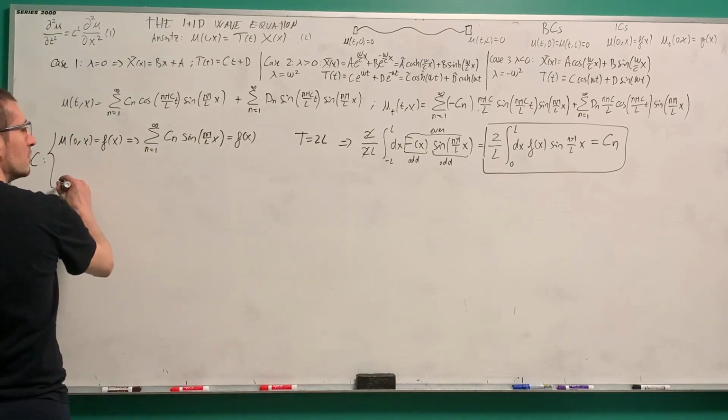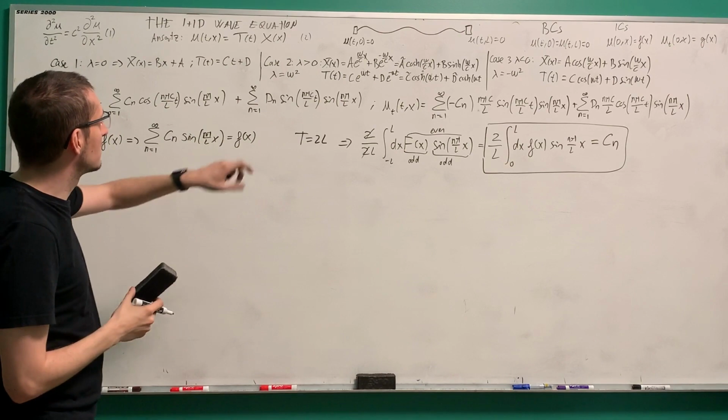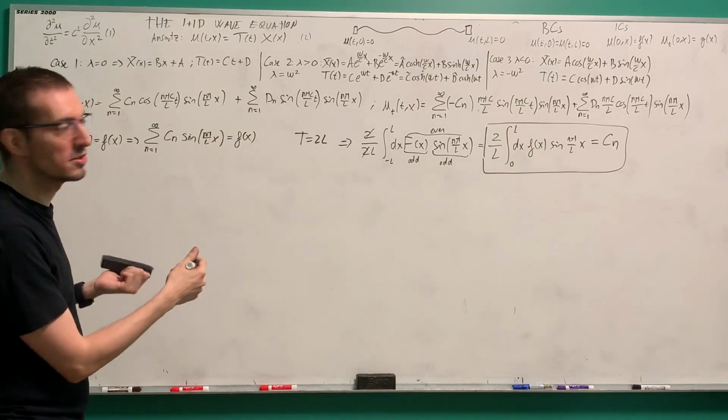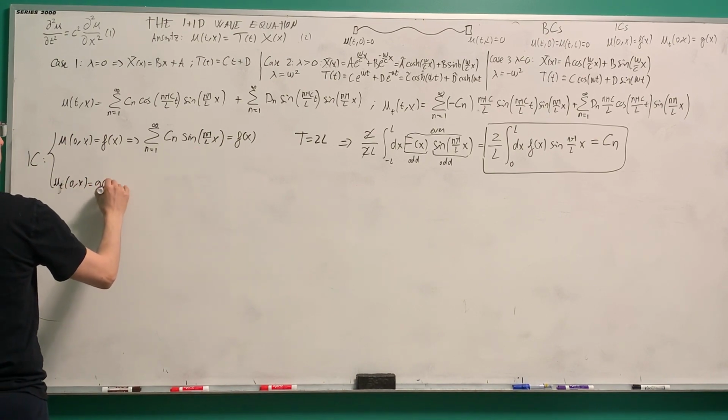Now, that determines the Cn's, but we don't know about the dn's yet. How do we determine the dn's? Well, with the other initial condition. The other initial condition tells me that the derivative with respect to t of u at (0, x) is some function g of x.